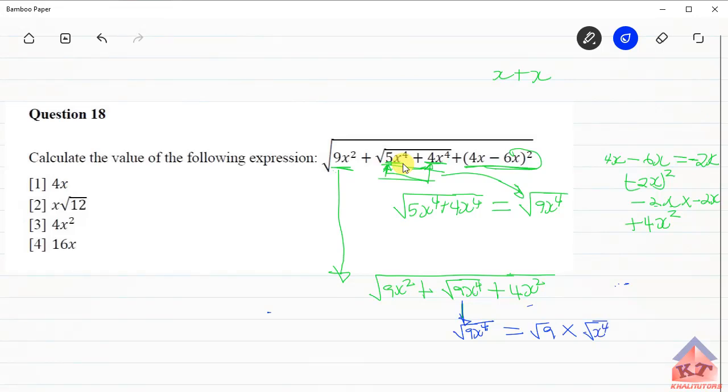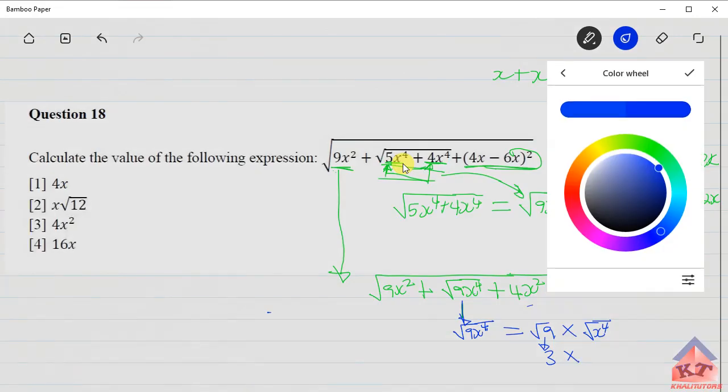If you don't understand what we just did here, please have a look at the surds video. We posted a lesson on how to deal with surds, and then you'll understand the surds multiplication law. Once you have something like this, you know that the square root of 9 is 3. To simplify this, you need to use the root definition.